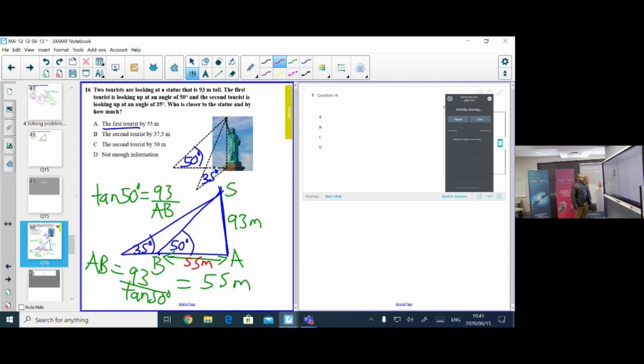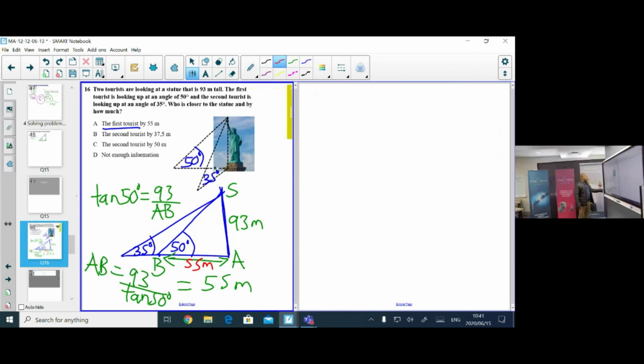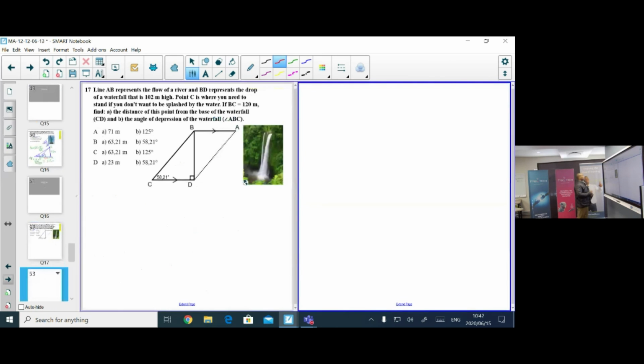All right. As we are nearing the end of our lesson, let's try to cover one of the last questions. One of the last questions here is, we have an interesting scenario where we have a waterfall represented by this diagram. So let me read the question.